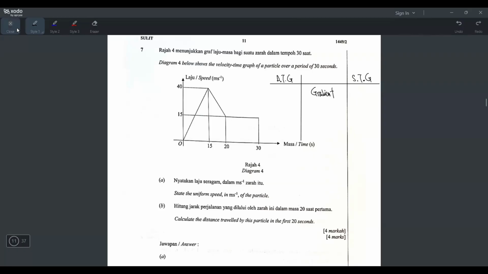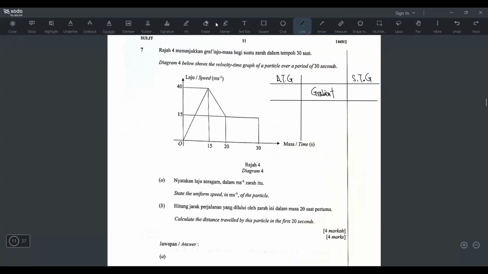In distance time graph, you will use the gradient to find speed. But in speed time graph, you will use the gradient to find acceleration, or sometimes they call it ROCOS. ROCOS means rate of change of speed, but it's the same thing.